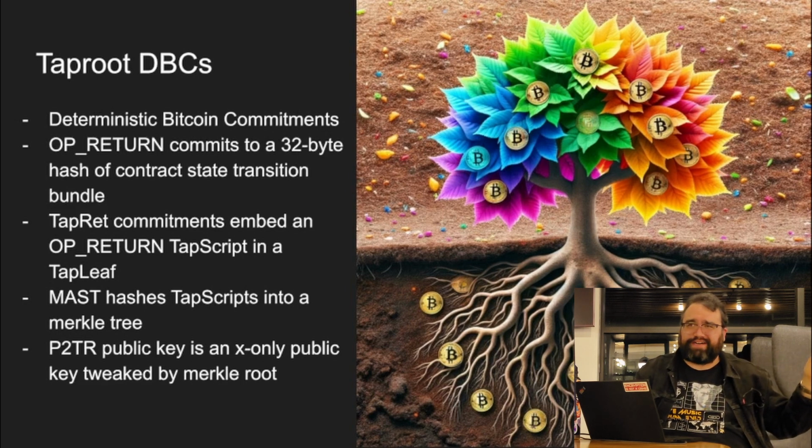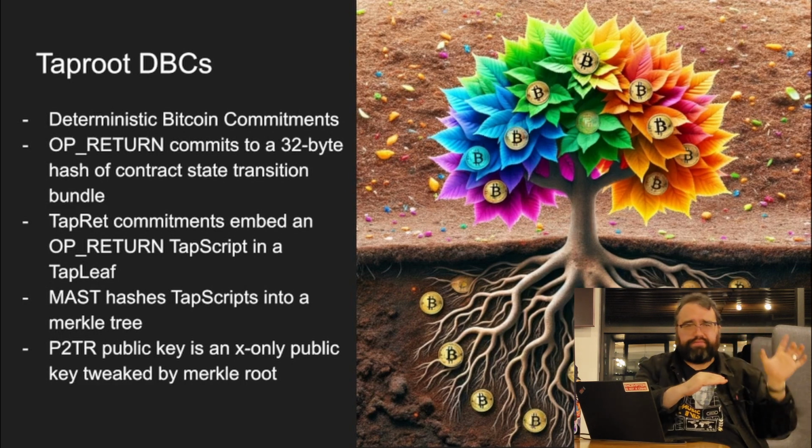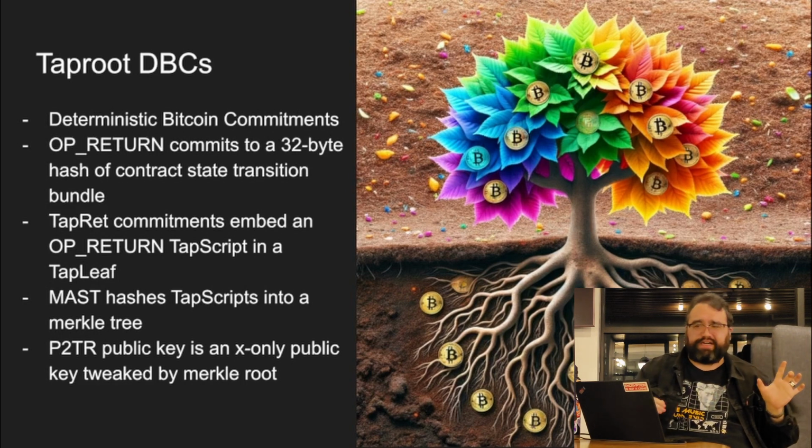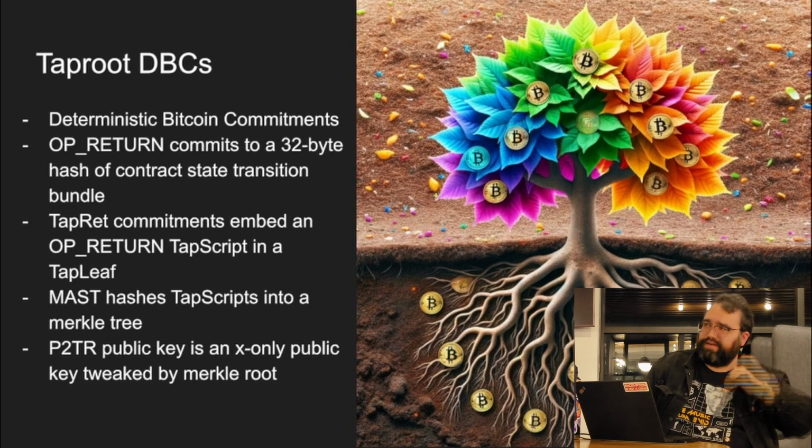So we commit to the script with the OP_RETURN, but then we only spend the keys. So you spend from a different path, but because it's committed to already, it's verifiably that is the state.